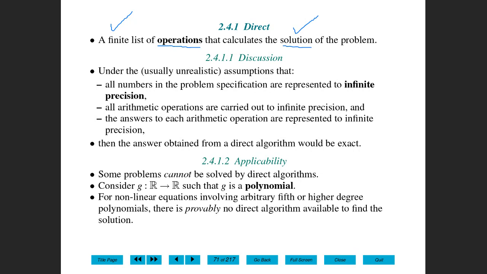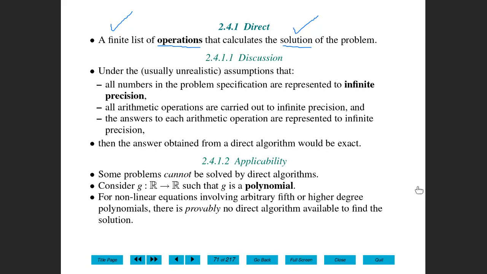But there is a problem. The problem is that these direct algorithms ask for too much. What does asking too much mean? We call them unrealistic assumptions, because they say that all the numbers in the problem specification are represented in infinite precision.